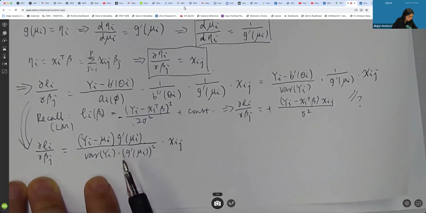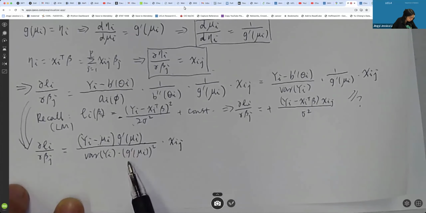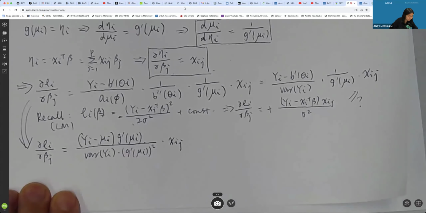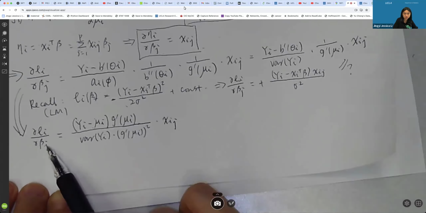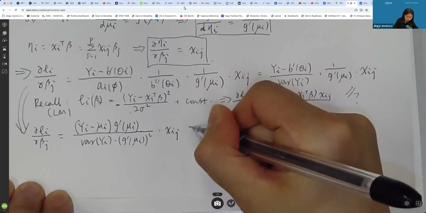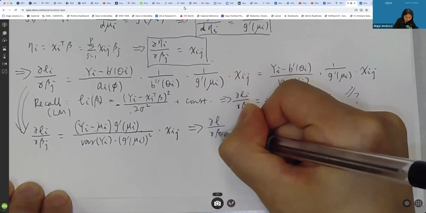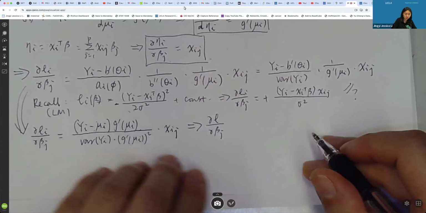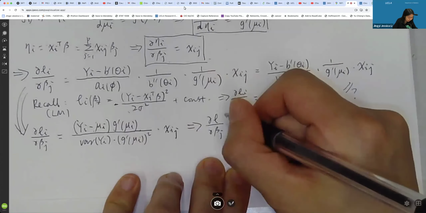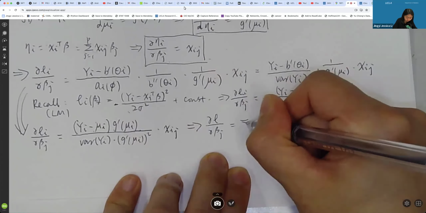And now I will define a bunch of notations. Before I go there, let's first go to the sum. Then I can say that partial log likelihood, partial beta j, now we go back to the log likelihood, not just the ith term, it's just a summation of this whole thing.